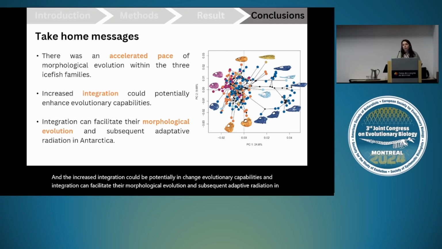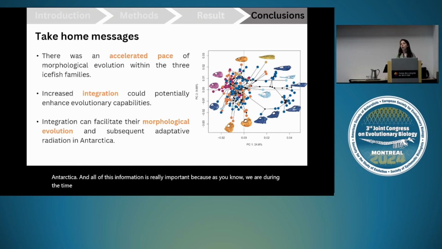All of this information is really important because, as you know, we are in a time of climate change. What will happen with these species that evolved and adapted really fast during a short time in the Miocene? It's a way to think more about what will happen with these species.